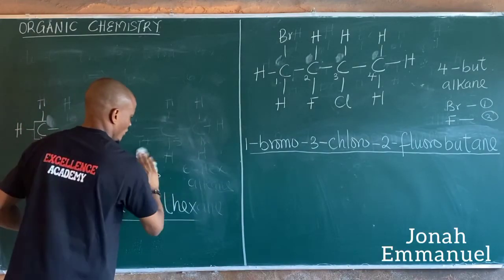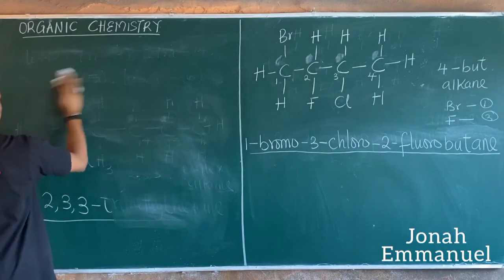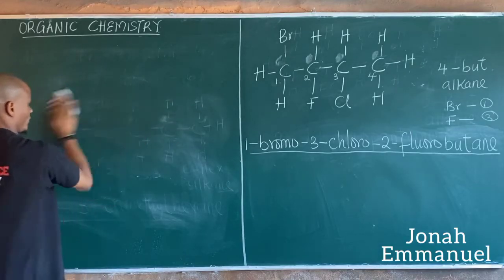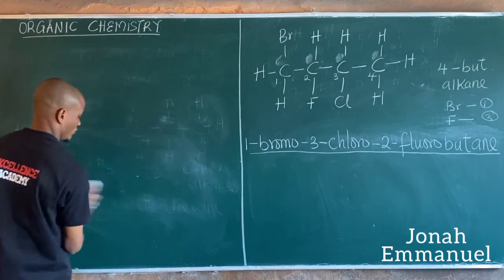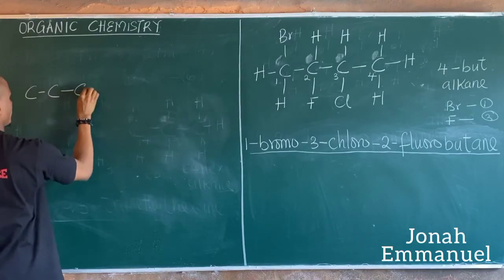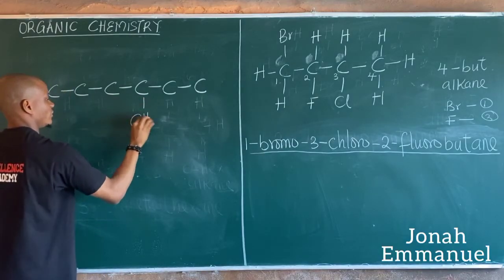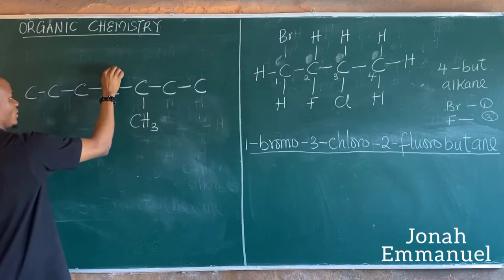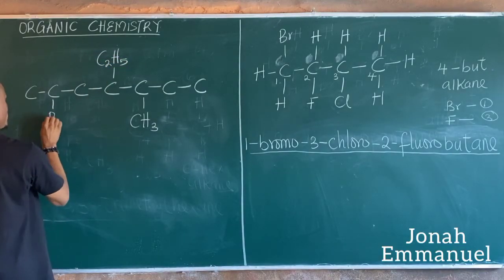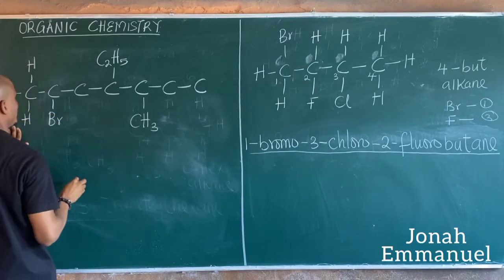So let's say I have a compound having a combination of organic and inorganic substituents. So let's say I have this compound such as this. I'm trying to build up this compound and see what I can get.